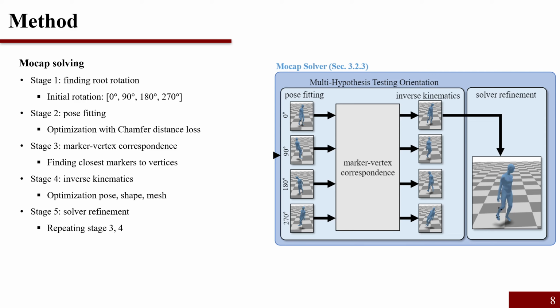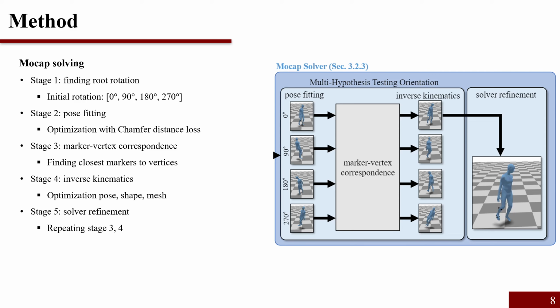Mocap solving consists of 5 stages. It's my mistake. It's not finding rotation, it's setting root rotation. In stage 1, root rotation is set to 0, 90, 180, and 270 as initial values.